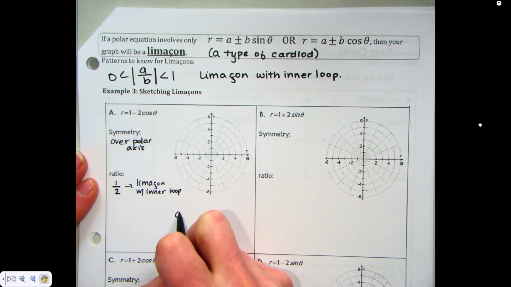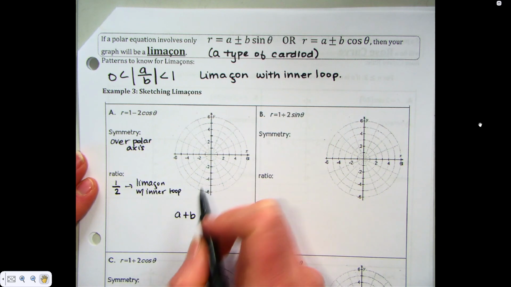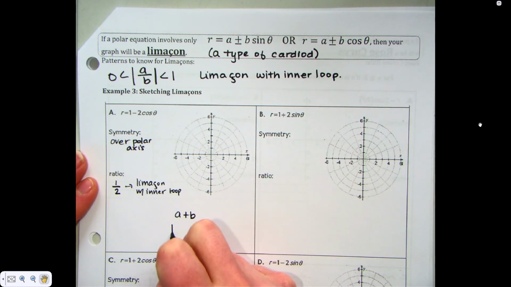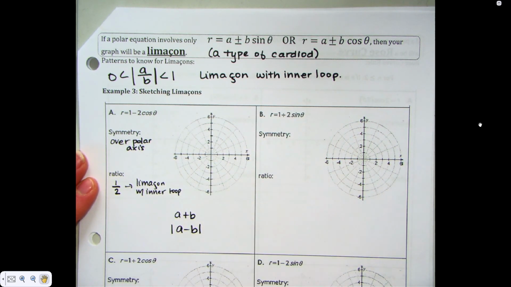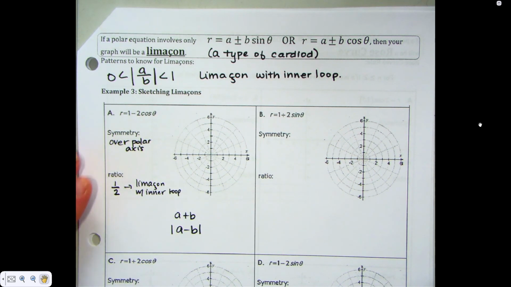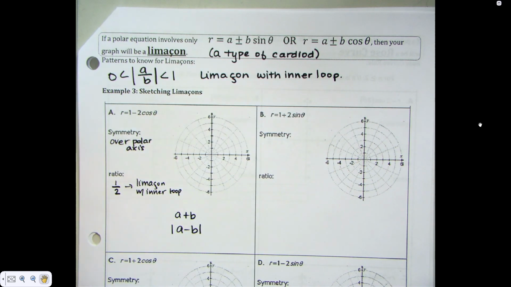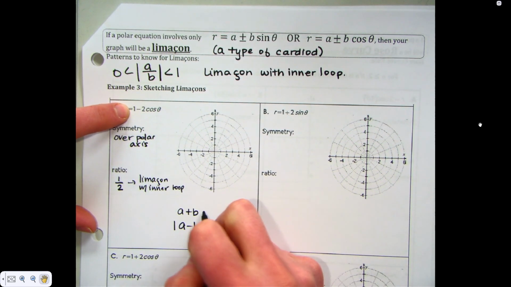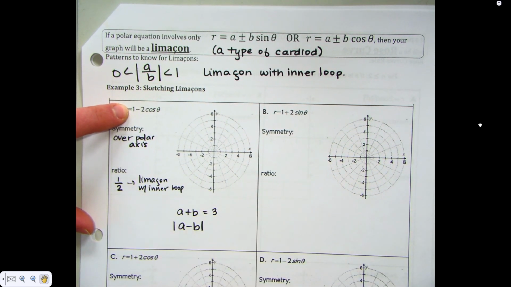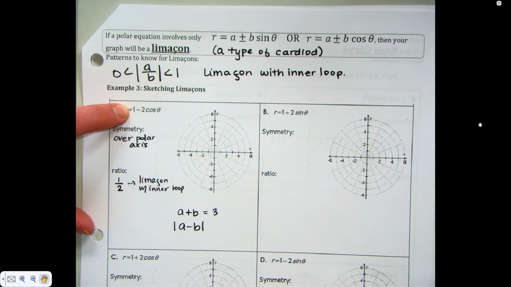I want to focus on A plus B, and I want to focus on the difference. We're going to say the absolute value of A minus B because sometimes it might trip you up a little bit depending on which one's bigger. But here in this problem, A plus B would be 3. I'm just focusing on the fact that it's a 1 and a 2, not the negative. And A minus B, the difference between them, would be a 1.